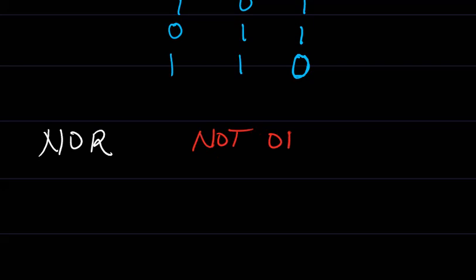It is an OR gate, but then it is complemented. How do we write the symbol of the NOR gate? We write the symbol of the normal OR gate, then we complement the output by putting a bubble at the output.